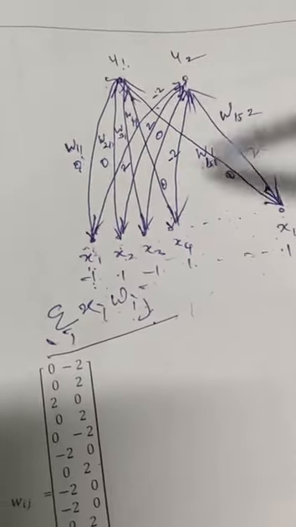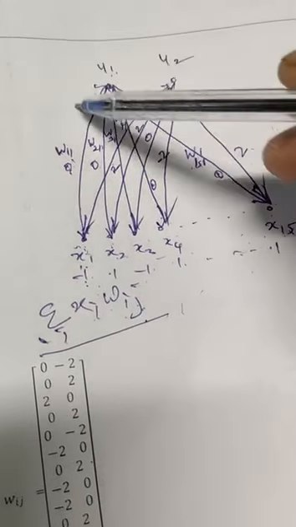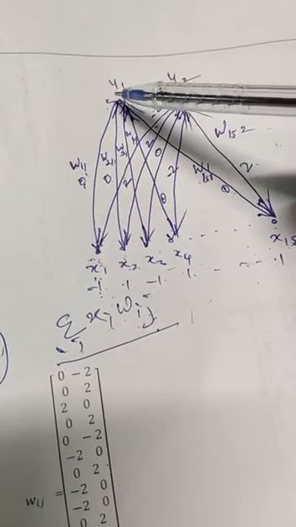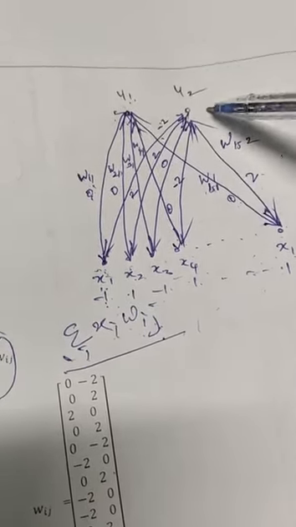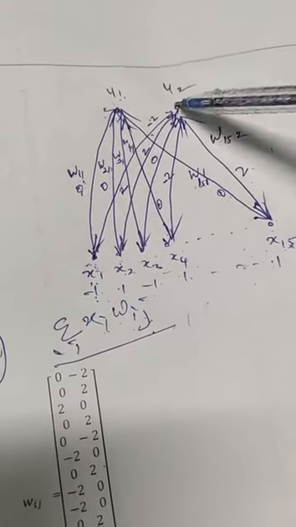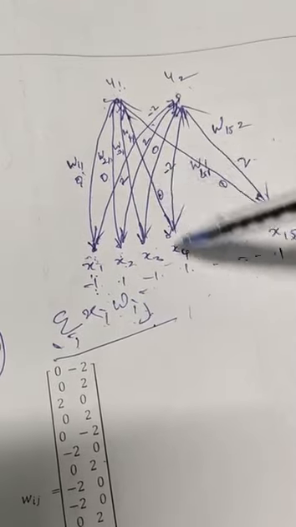The reverse is also possible. If you are taking Y as an input layer, and you apply -1 at Y1 and 1 at Y2, then what will we get? In a similar way you have to compute that.